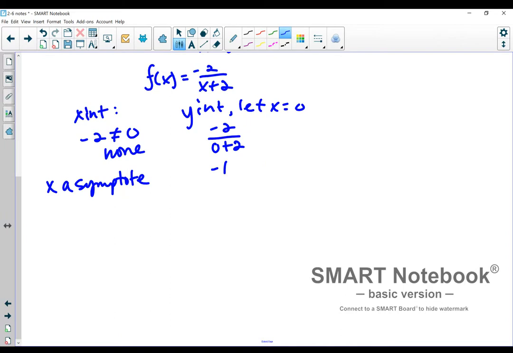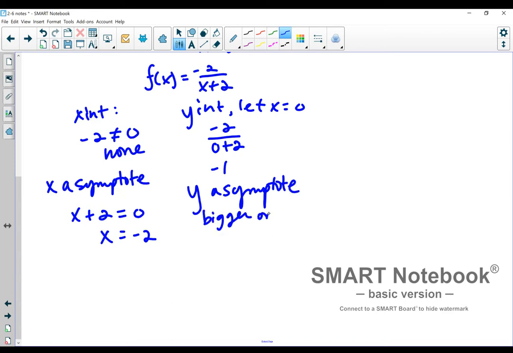So my denominator x plus 2 equals 0, so x equals -2. And for my y asymptote, it is bigger on the bottom. That is the degree. On the bottom, I have x to the first power. The numerator is just a constant, so it's bigger on the bottom. That means y equals 0.